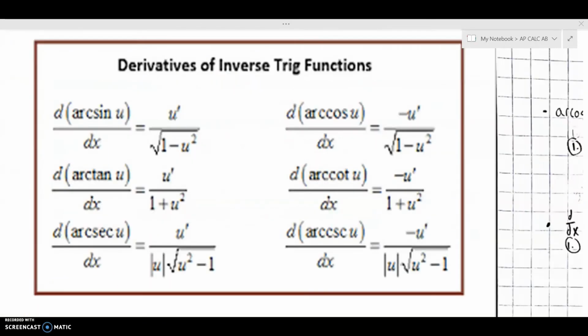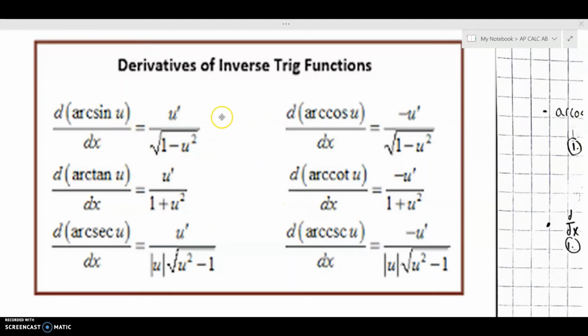Okay, so now let's move on to some derivatives of inverse trig functions. Ryan talked about this a little bit prior to me talking about it. These are pretty much what you have to use to find the derivative of the inverse trig functions, of course. So these are the equations corresponding to each trig function.